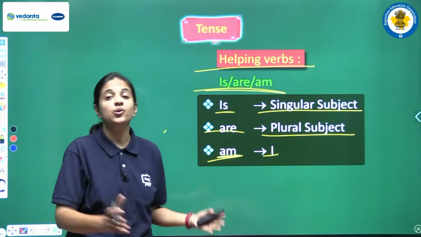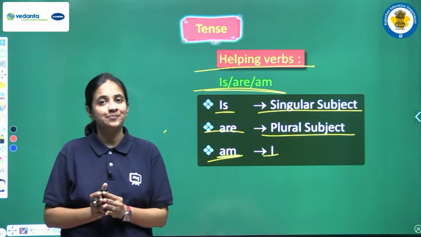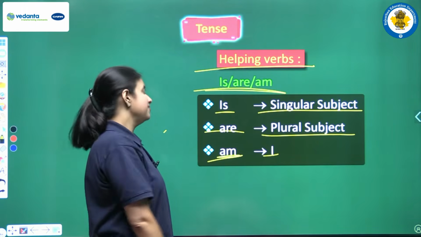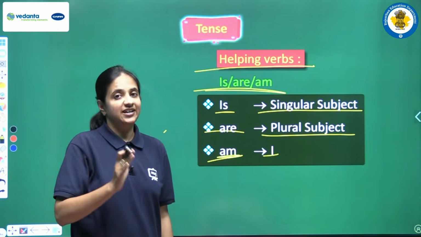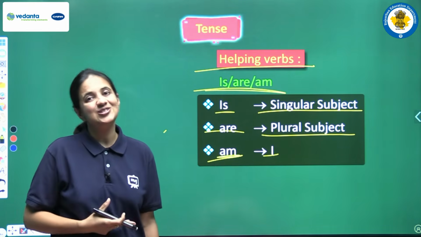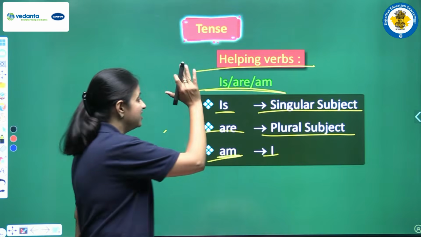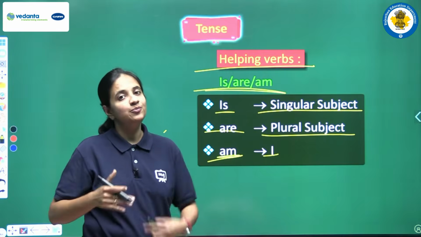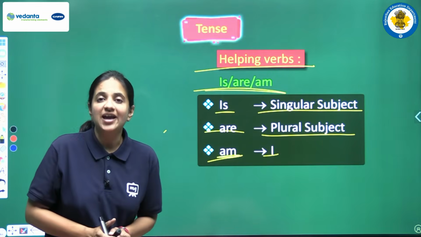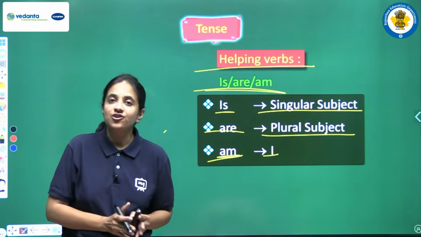So am is used only and only for I. Clear? Let's see one more time. We have three helping verbs: is, are, am. You have to learn all these rules: is is always used for a singular subject, are is always used for a plural subject, and the helping verb am is used only for I.